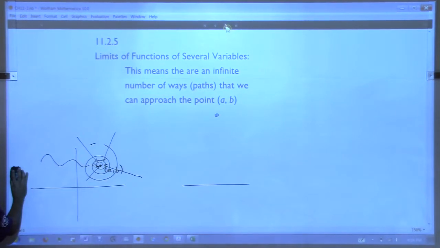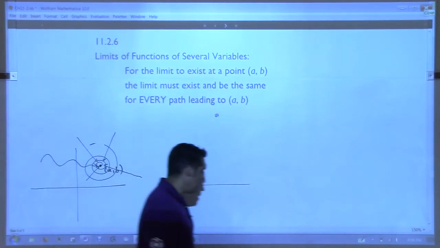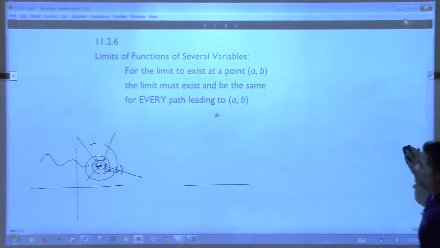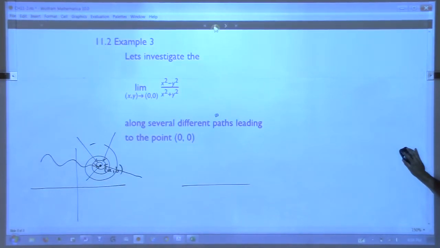So there's an infinite number of paths that we can approach AB. If we have to test every path and we know we can't do that, then what's the point? If we can't test every path, how would you ever calculate a limit of a function of two variables? Well, we kind of approach it another way.